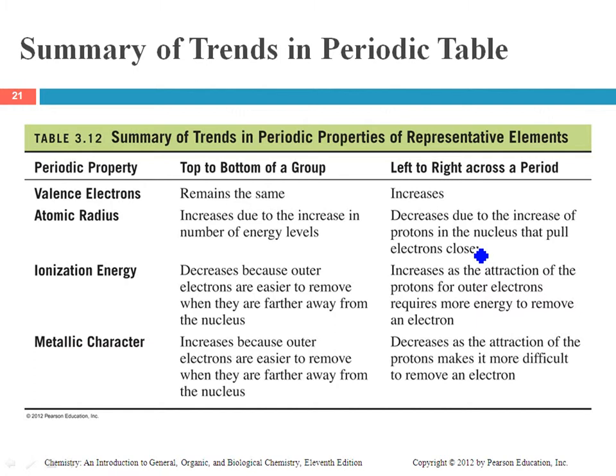Ionization energy decreases from top to bottom of a group and increases left to right across a period. And for metallic character, it increases top to bottom, so down towards cesium has the most metallic character, and it decreases as you move from left to right because you're moving towards nonmetals.